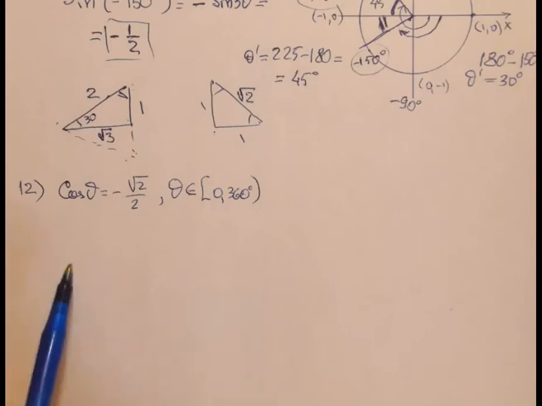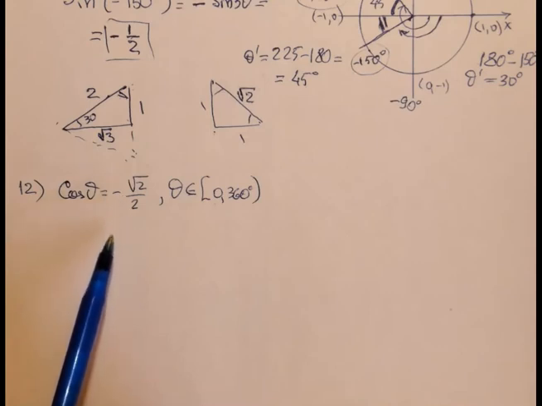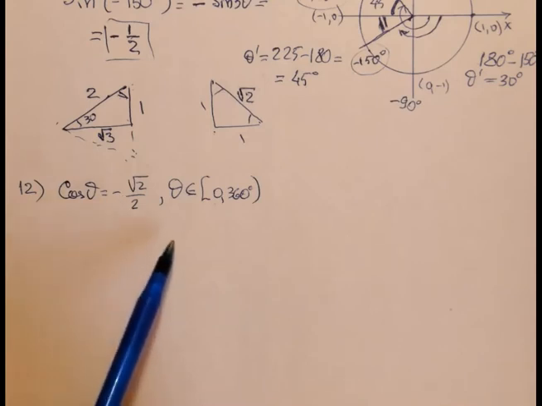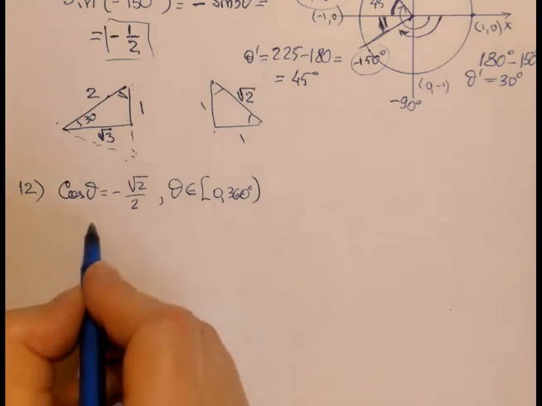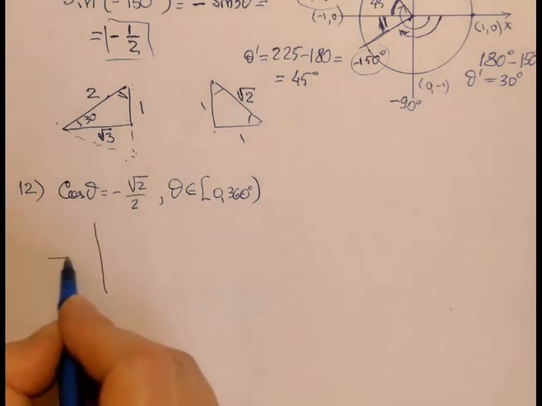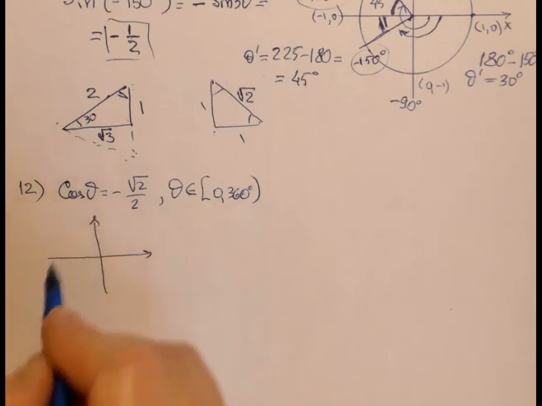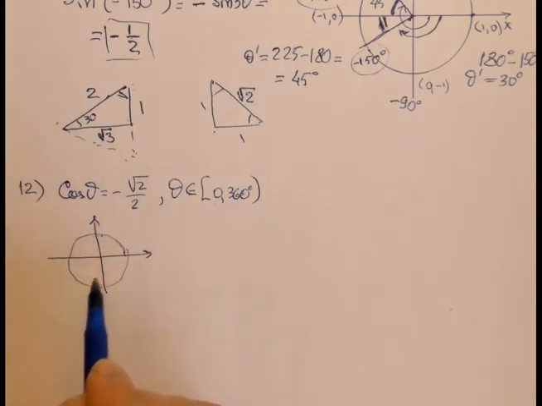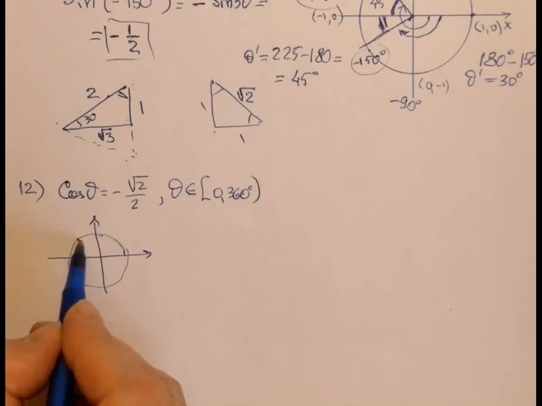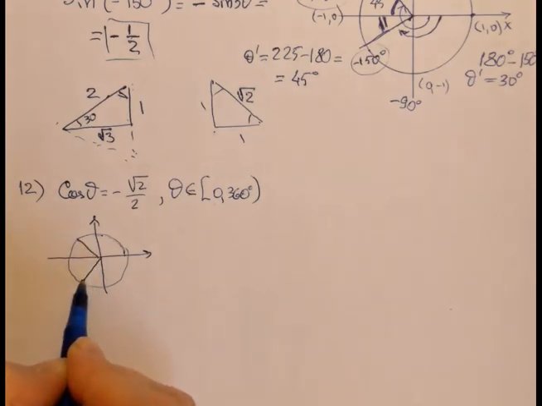Now let us find all values of theta if cosine of theta equals negative square root of 2 over 2 and theta is on the interval from 0 to 360 degrees. From 0 to 360 degrees we consider one complete rotation and we want to find all angles theta with this cosine. Negative cosine will be both in the second and in the third quadrant.